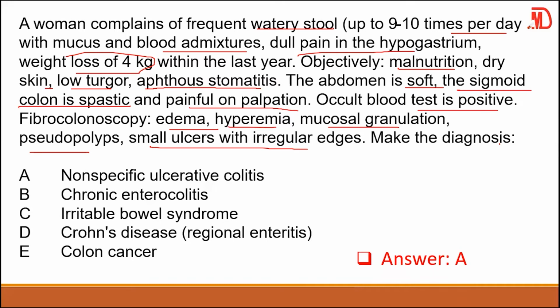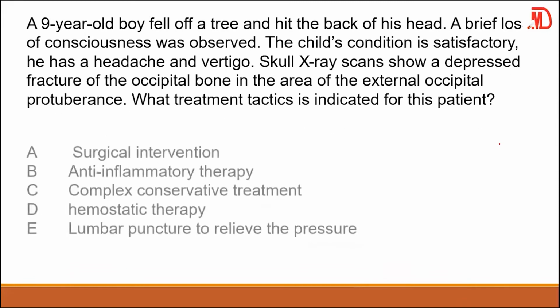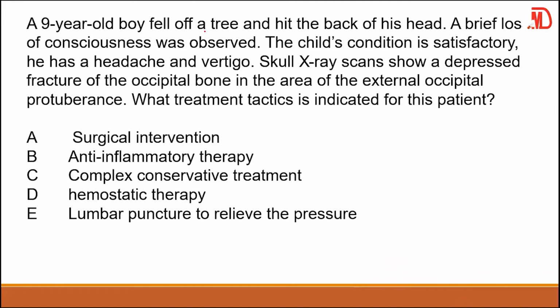A 9-year-old boy fell off a tree and hit the back of his head. If it is the front of the body, you could be talking about the lungs, the chest area.